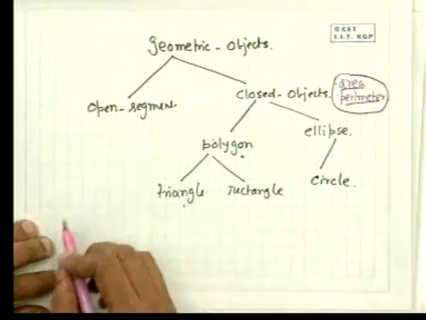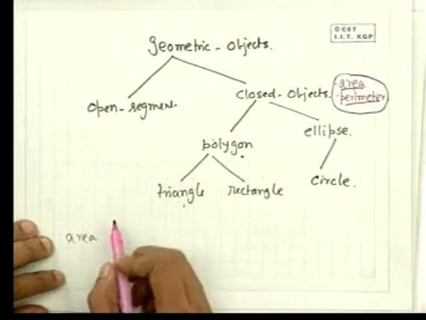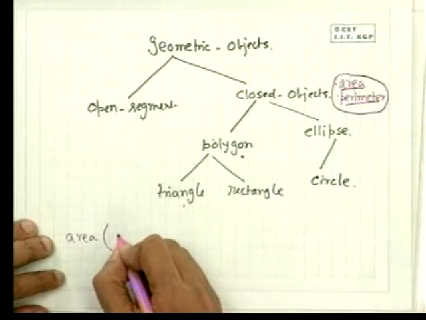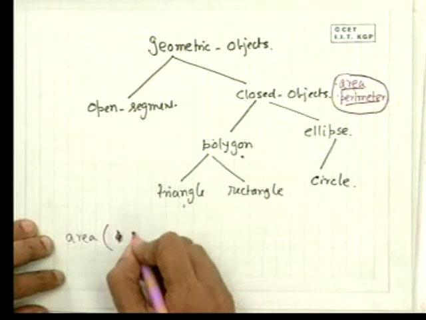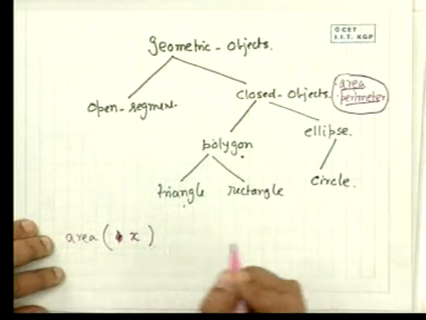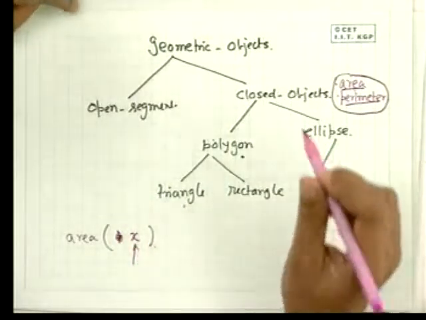But suppose an object sends a message called area of closed object x, where x has a certain type.